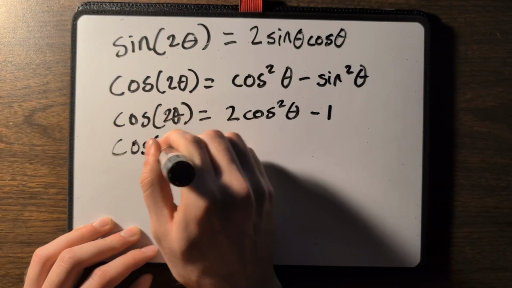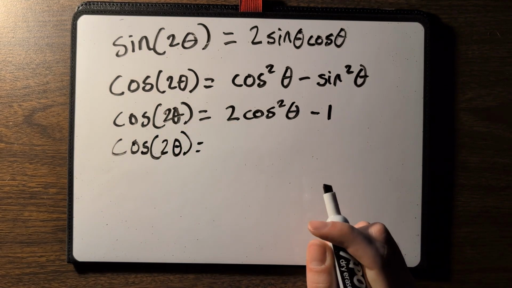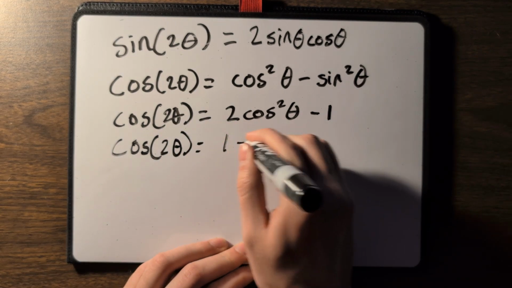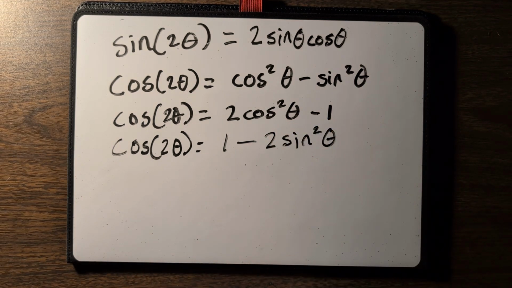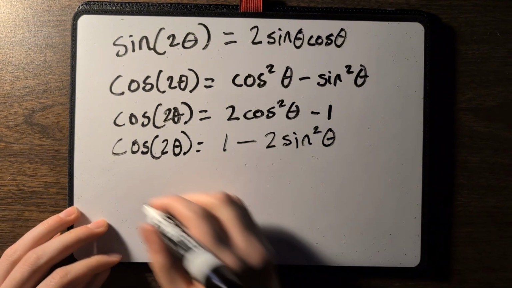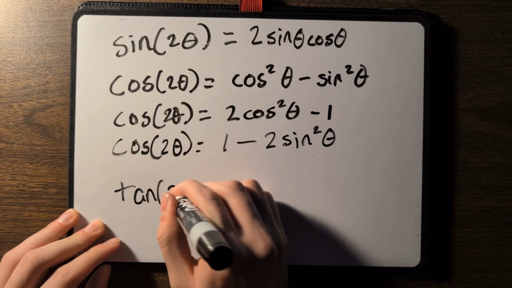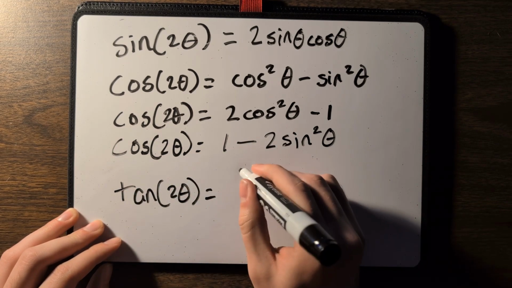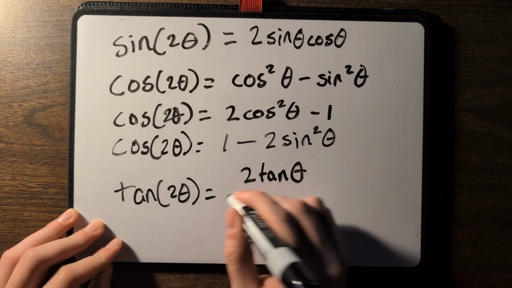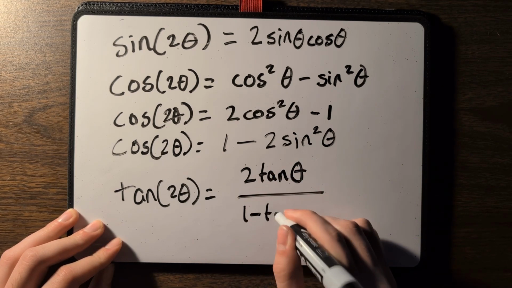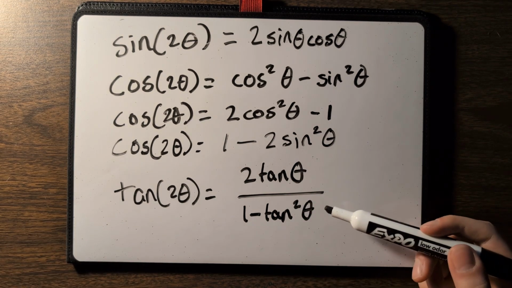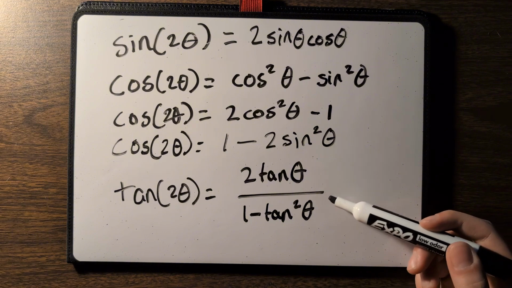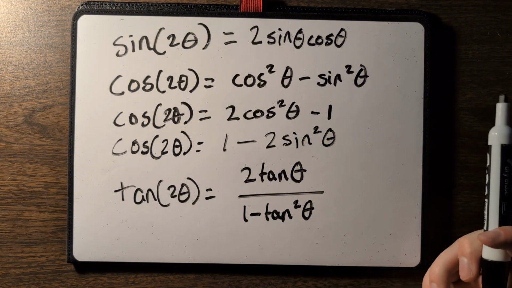And also you can represent this just in terms of sine in the same way by saying this is 1 minus 2 sine squared theta. Okay. And one last one, tangent. We have 2 tangent theta over 1 minus tangent squared theta. This one is a lot more uncommon. It's not used nearly as much, but it still could be useful.